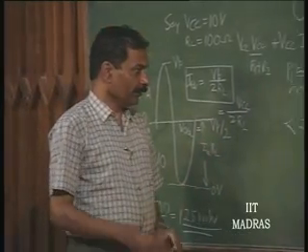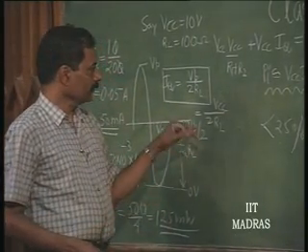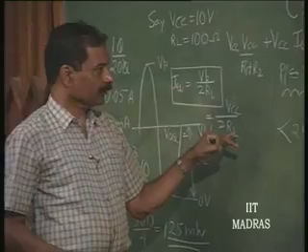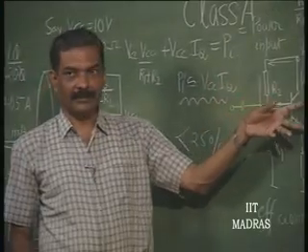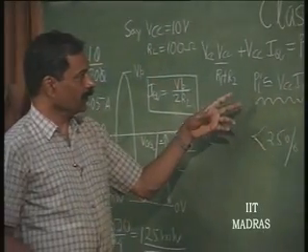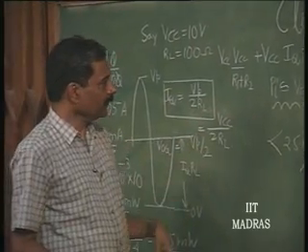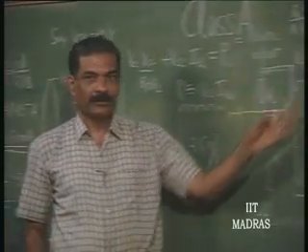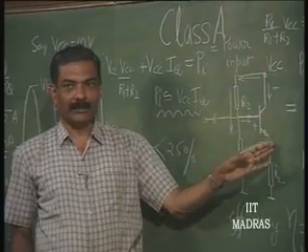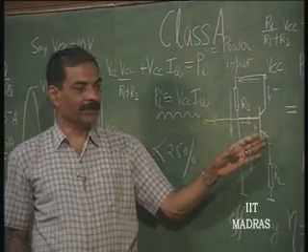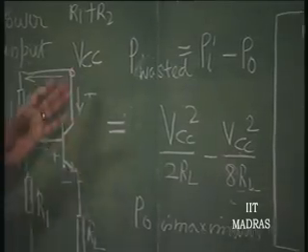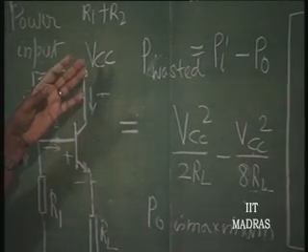In the power stage, apart from the power that is to be dissipated in the active device, the current is also important, and the voltage. The maximum current is the peak current when this voltage goes to Vp, that is VCC itself.